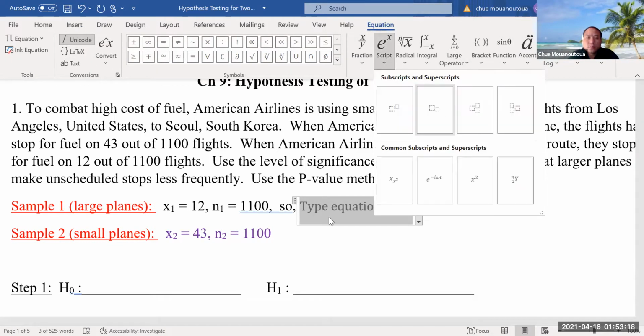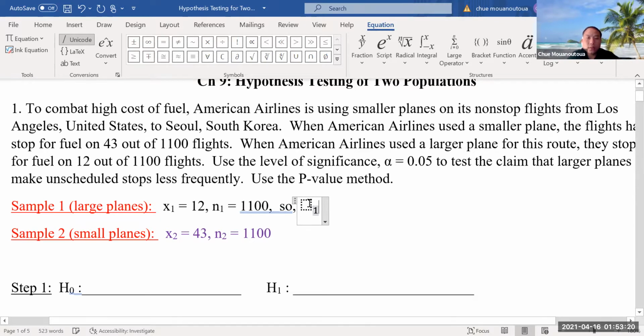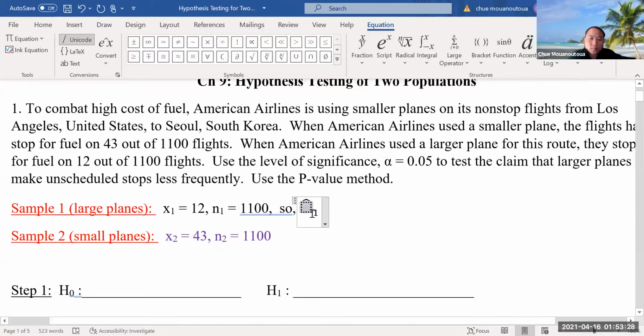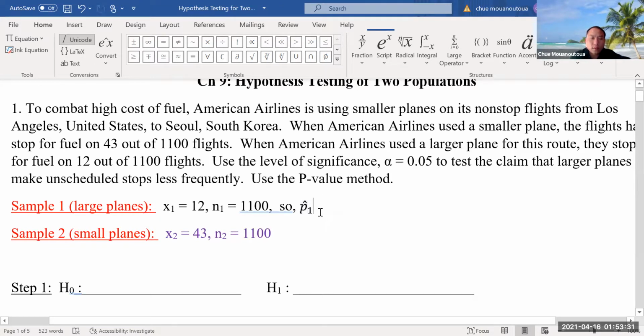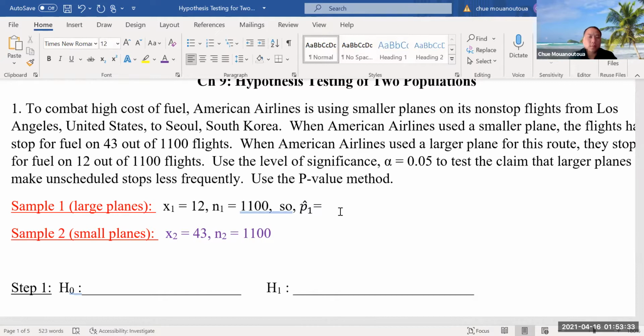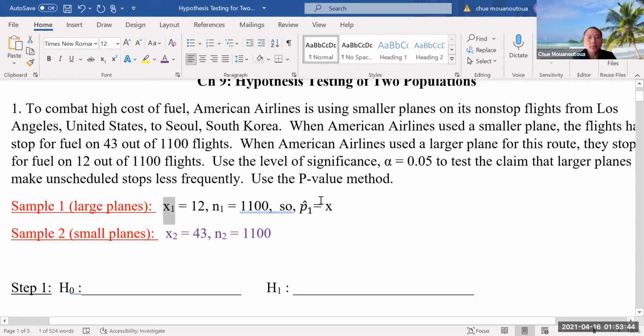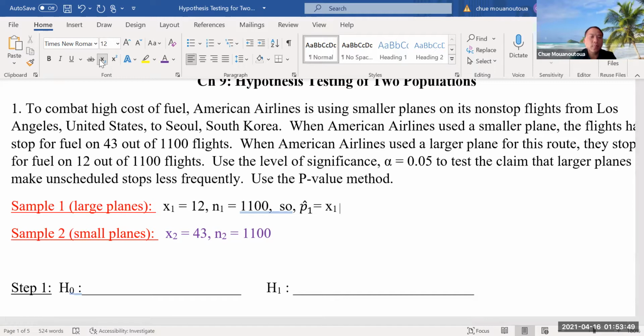So here it will be 1, and that is the p hat. And so you can see that p hat 1 will be x1 divided by n1.